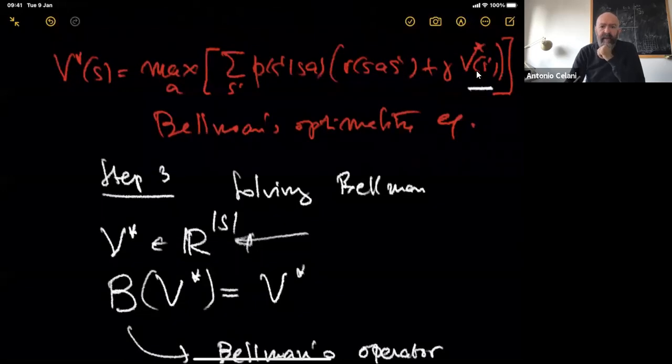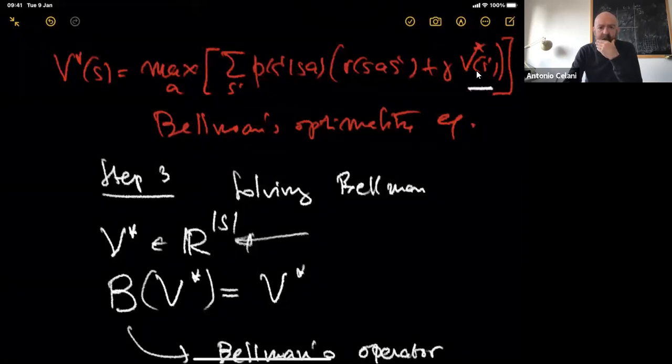And then we face the question: how do we solve this nonlinear equation? So we have a vector in a finite dimensional space, because now we're dealing with a finite set of states, discrete and finite. So it's a vector, our optimal value function V star. It's a vector with components V star of s for each state of the system.